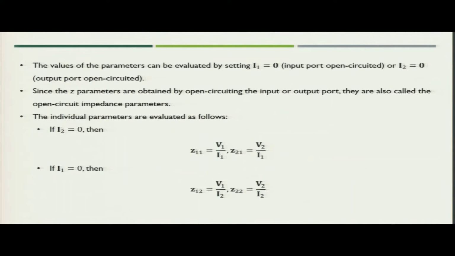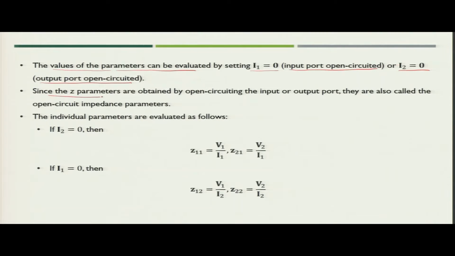Now, how will you calculate the value of the parameters? The values of the parameters can be calculated by setting either current I1 equal to 0 or current I2 equal to 0. That means first you make the input port open circuit, meaning I1 is equal to 0, or the output port open circuited, meaning I2 equal to 0.